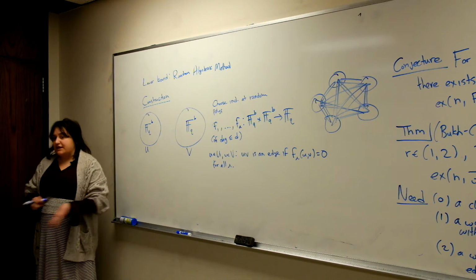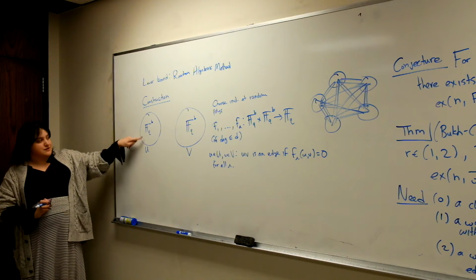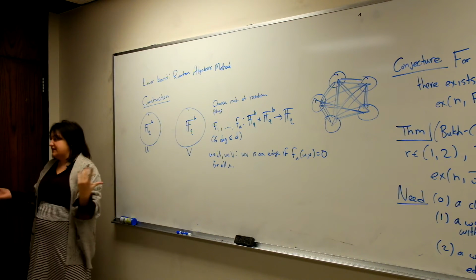So just as a sanity check, if I fix a u over here and a v over here, what's the probability that uv is an edge?